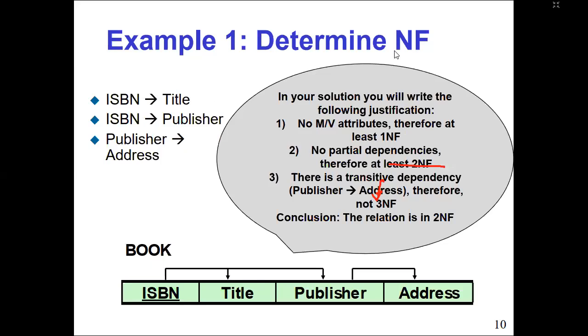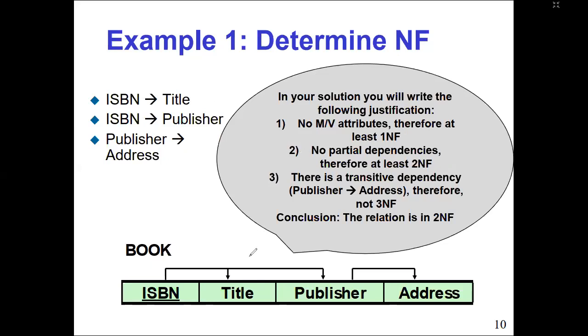Right. This is the whole story. In your answer, you will write this justification. So simply you can say no multi-value attributes. Therefore, we can say first normal form. So everything I taught you now.